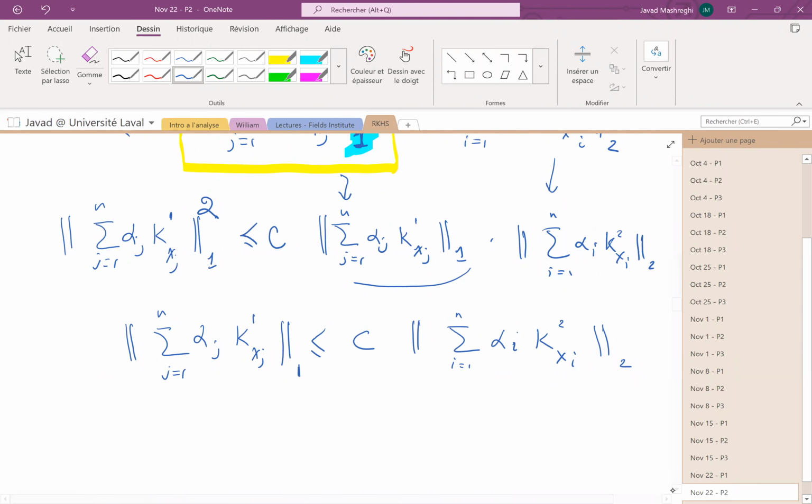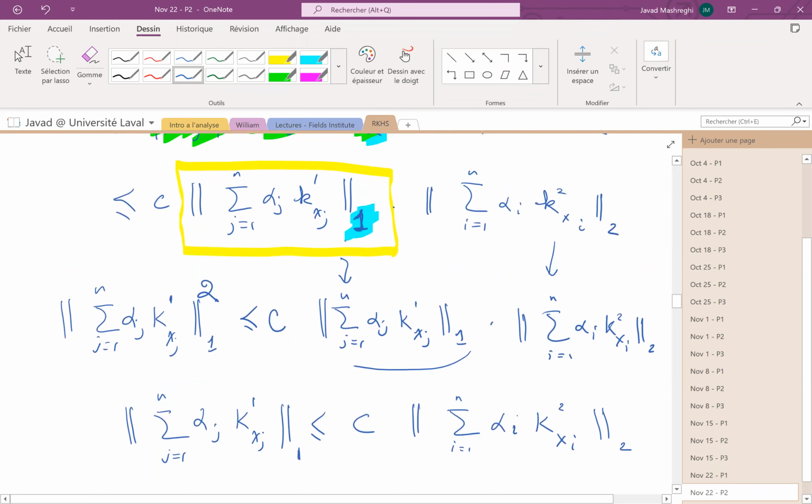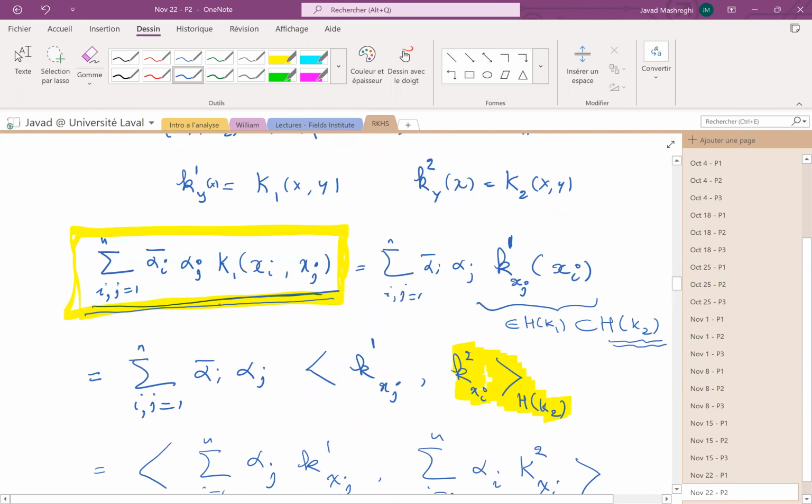I already said that if you square this, you obtain the combination that we have here in the yellow rectangle with k1.